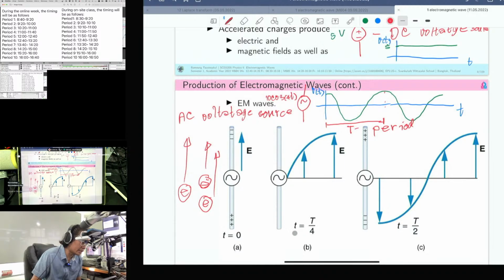Everything is symmetric. There is no difference of charge at all. So there is no positive charge area and no negative charge area, and we are going to have 0 electric field. So the E field, which is a vector quantity, will reach 0 here.